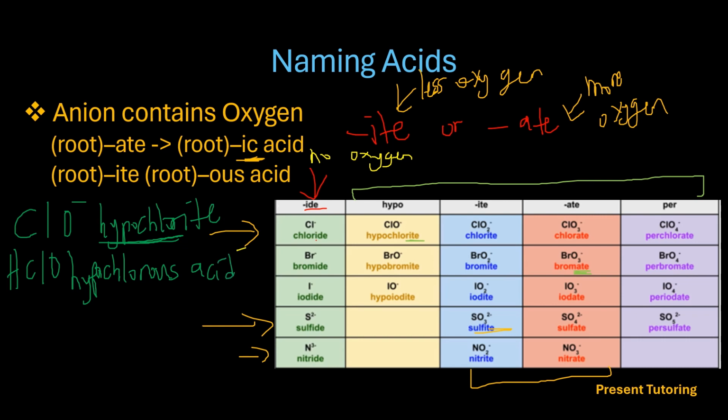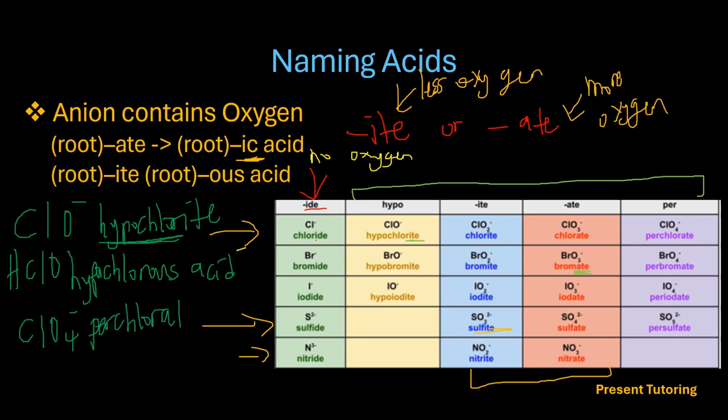And then let's talk about the other instance here. Just picking a good one, ClO4 minus. What is that? ClO4 minus is perchlorate.